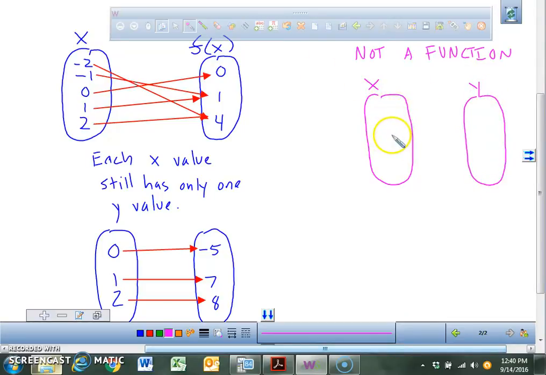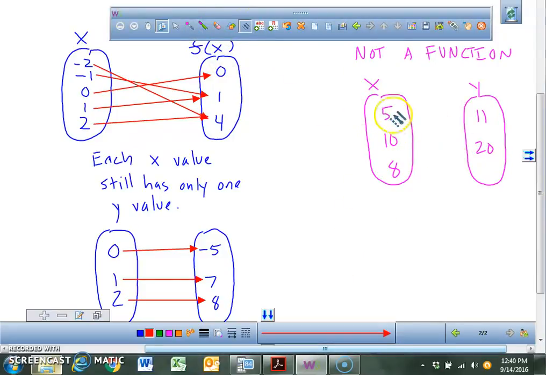So give me three numbers. 8, 5, 10, and 8. And give me two numbers. Two numbers. 11, 20.